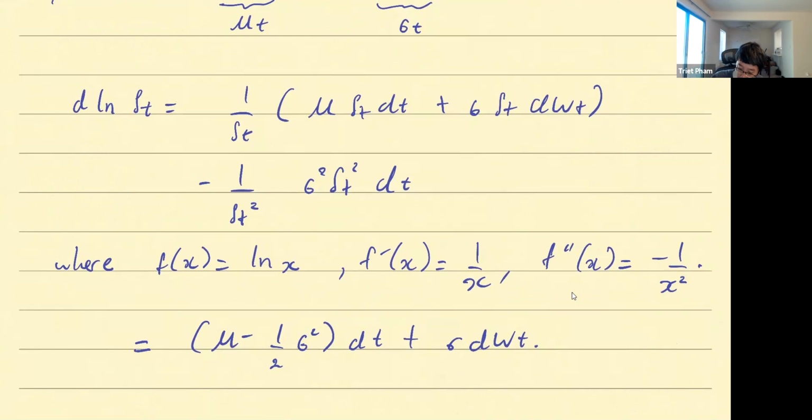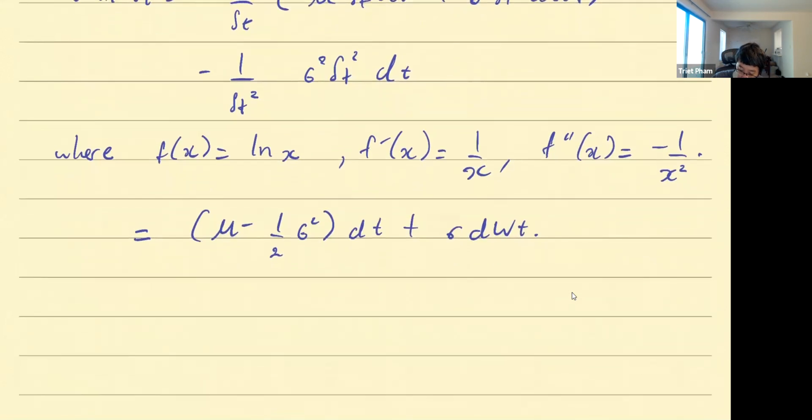Okay. So let's do some more examples on this. Suppose that we have X_t is t plus W_t.